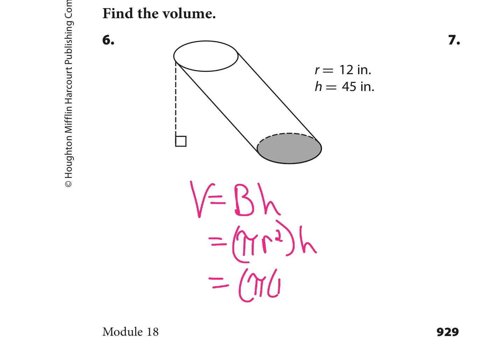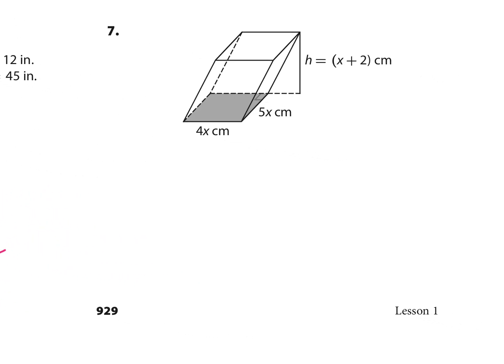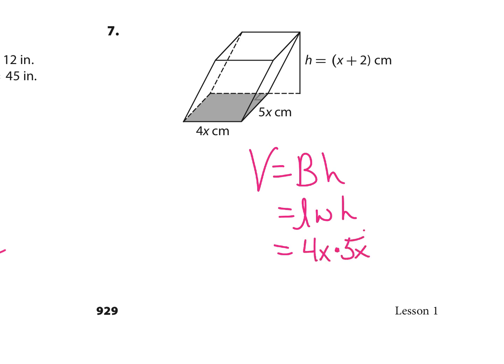So radius is 12, and height is 45. Here, the base is a rectangle, so length times width. I get 4x times 5x times x plus 2. And we don't care about the rest of that.